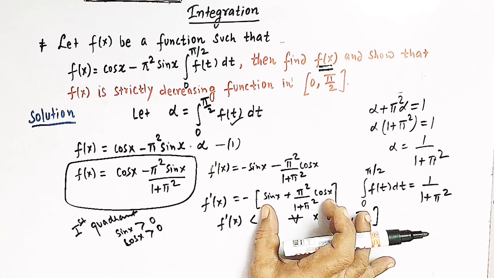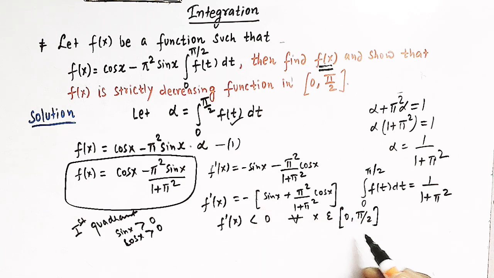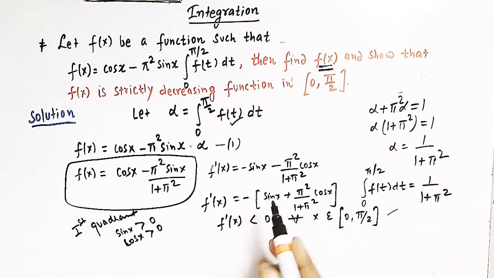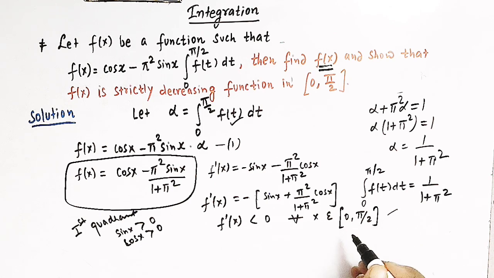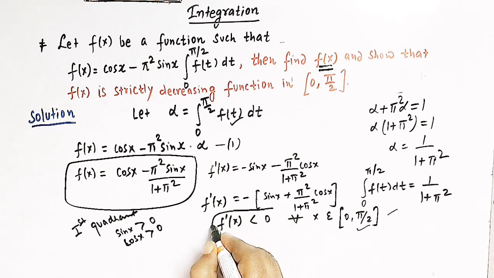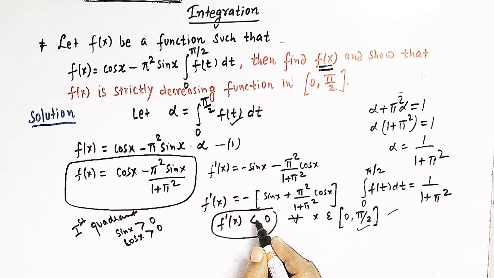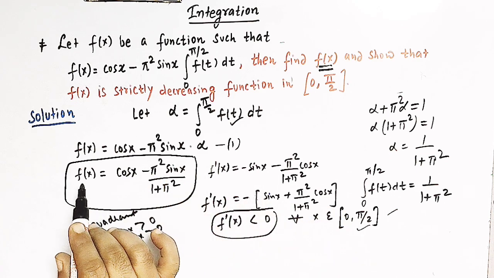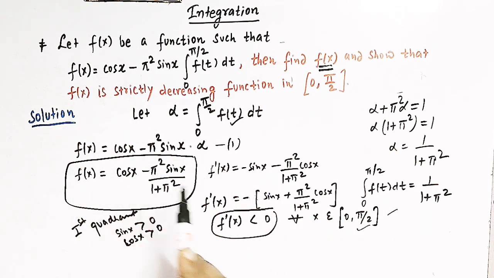So this term is always positive in this interval, and here we have the negative sign. So f prime of x is always less than 0 for all values of x belonging to this interval, and this is the condition for a function to be strictly decreasing. If the slope of the tangent is negative, then the function is said to be a decreasing function. So this is how we can prove that the function f of x is strictly decreasing in this interval, because the derivative is negative, or less than 0.